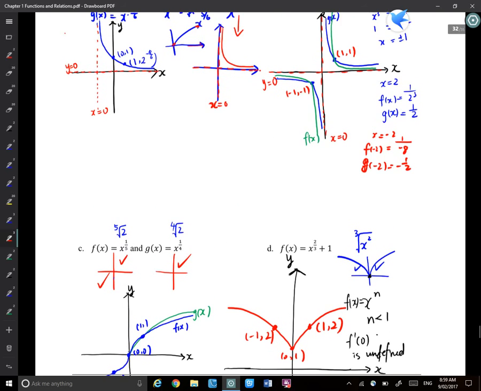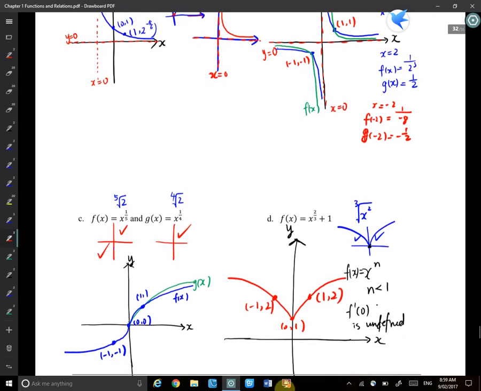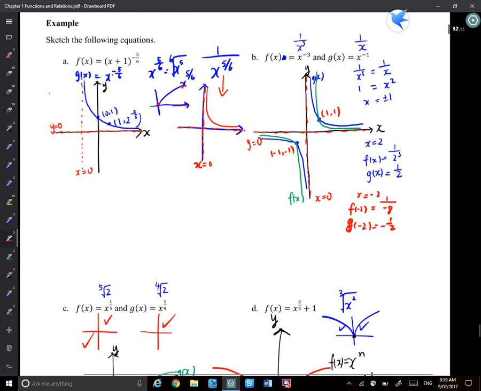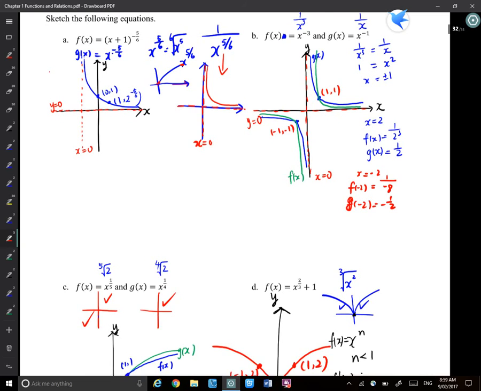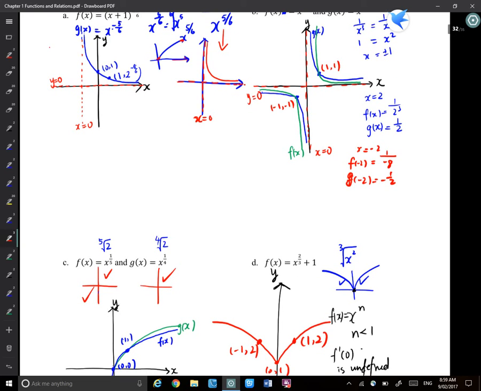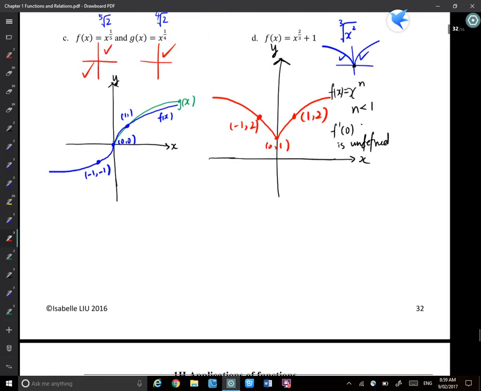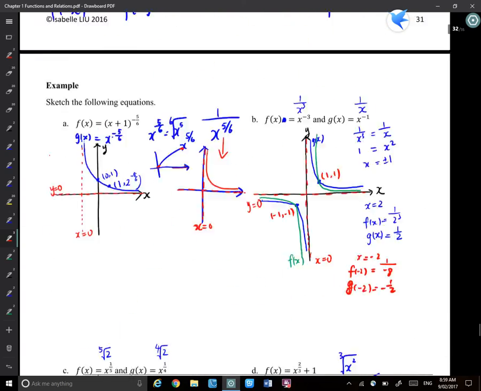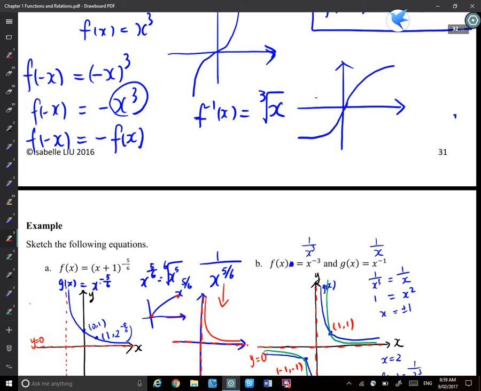I'll show each kind of graph. For one example, we have drawn the reciprocal. We have drawn in different quadrants. Okay, so that's for power functions. For power functions, think about two things. The first thing, in which quadrant it should be: number 1, or 1 and 2, or 1 and 3.